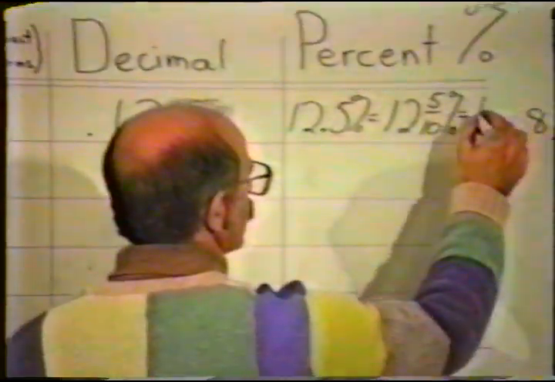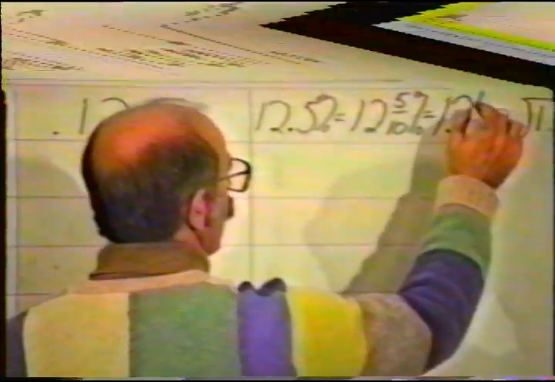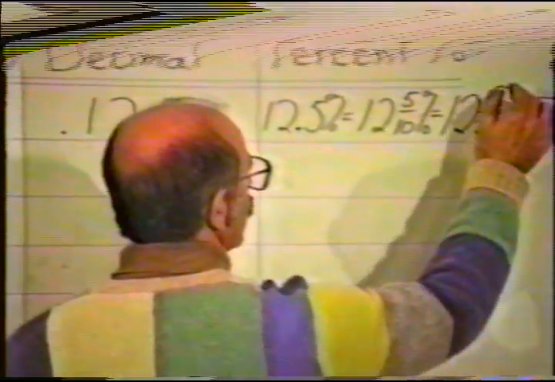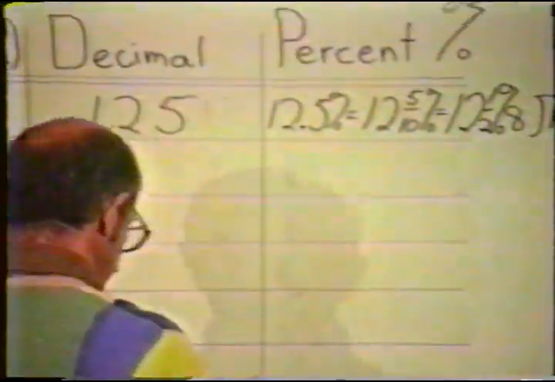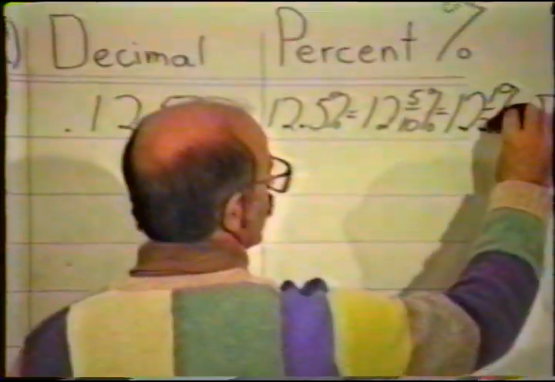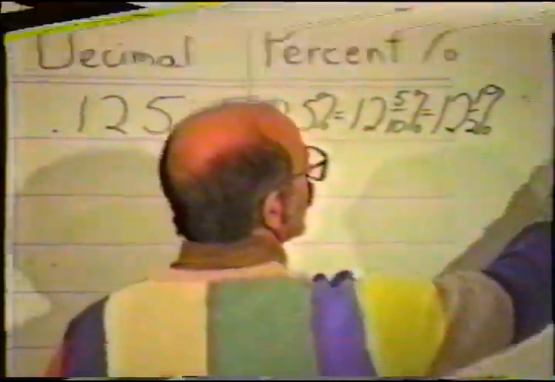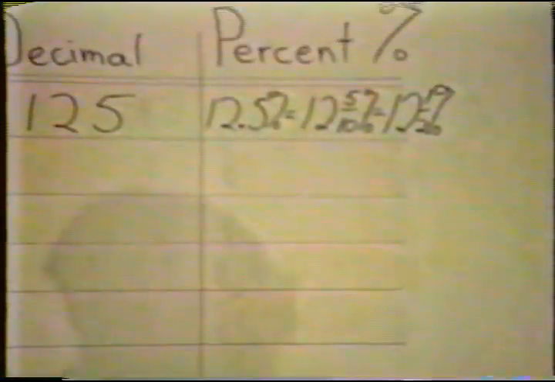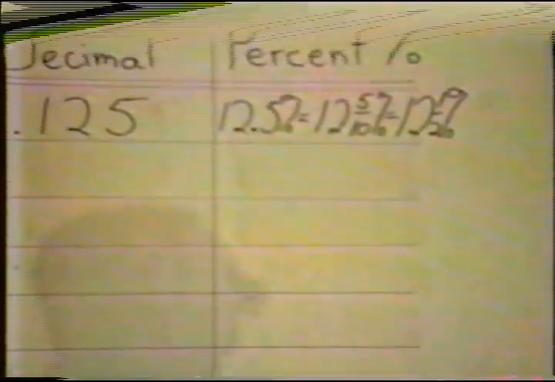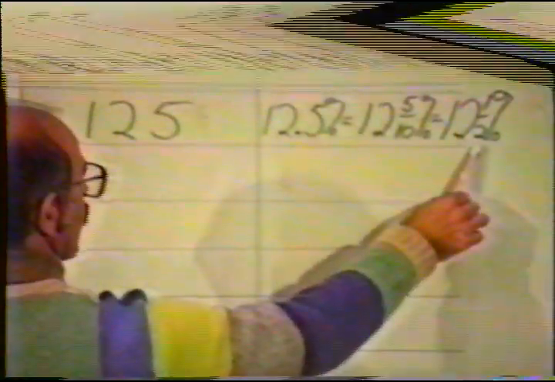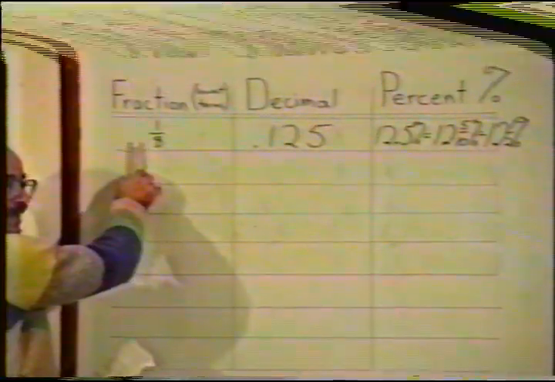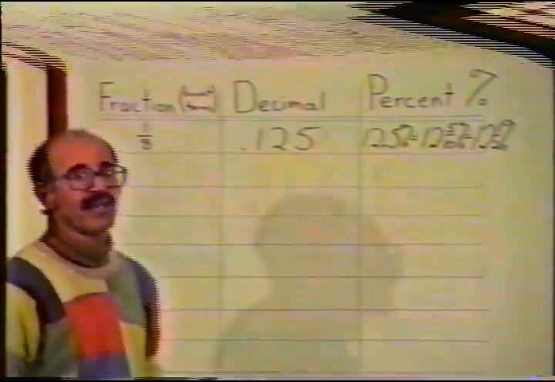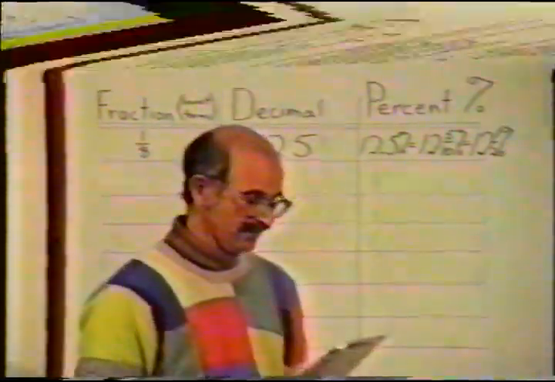And then we get 12 and 1/2%. And we'll erase this as we don't need it anymore, so that we can see our answer more clearly. 12 and 1/2% is the same as the fraction 1/8, and that is one that you need to memorize.